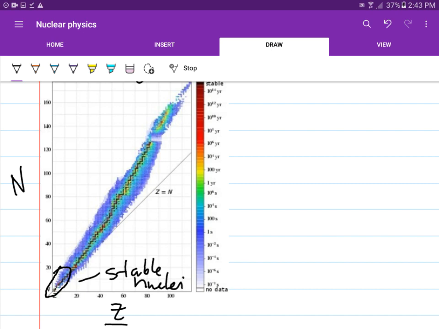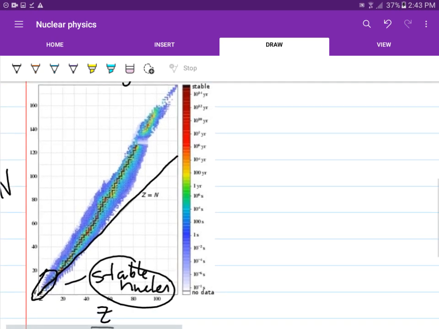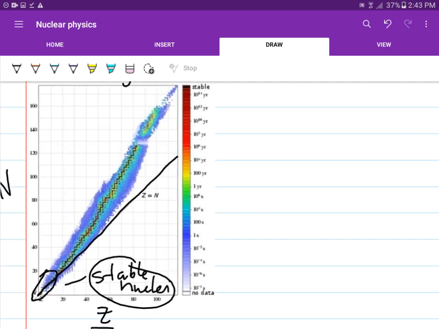In stable nuclei, Z follows the trend Z equals N. As the number of protons is equal or very near to the number of neutrons, you have a stable nucleus. Also we have here a color plot of the stability in terms of the time interval.